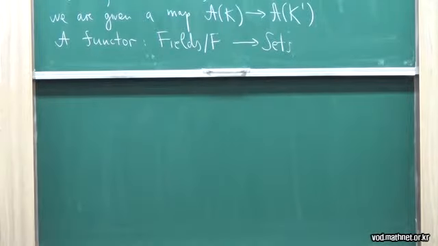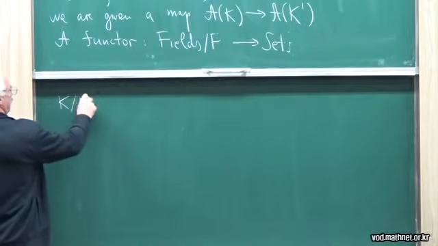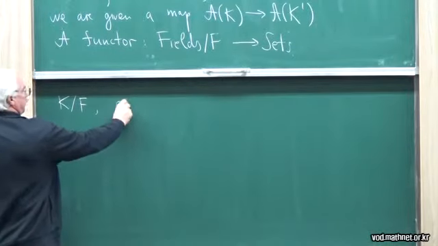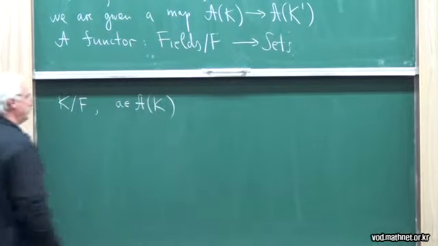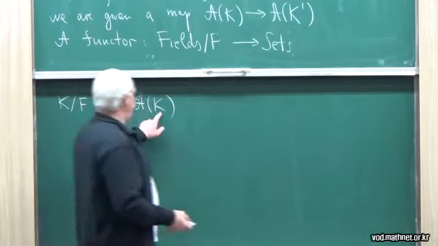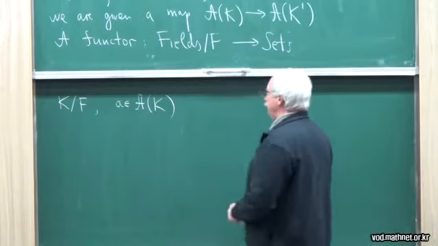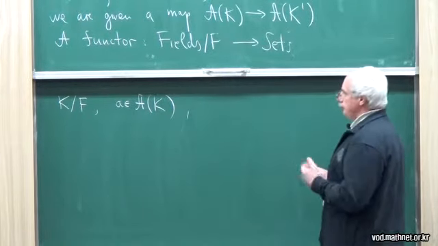Now we pick a field extension K over F and an element in that set A of K. So we just pick either a quadratic form or an n by n matrix in our examples. Well, A is defined over the large field K. We will look at a smaller field over which A is defined.